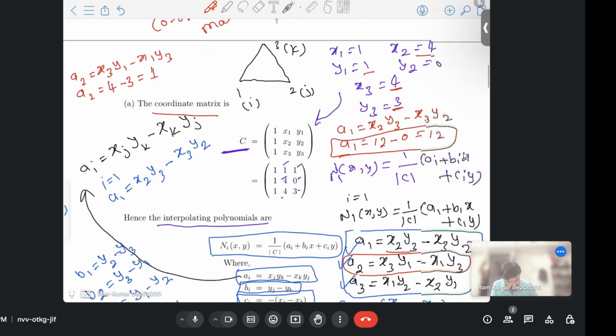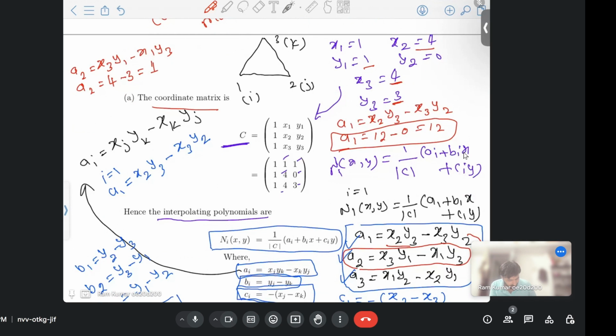Similarly, a3 will be x1 y2 minus x2 y1. X1 y2 is 0, and x2 y1 is 4, so a3 will be 4. So we got a1, a2, a3 all.